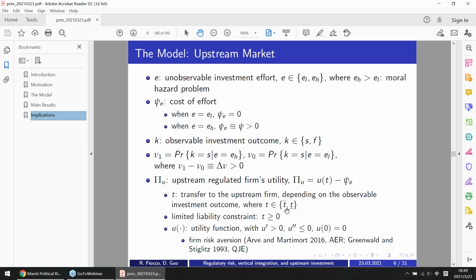In the standard moral hazard problem, the transfer or the price cannot be based on any unobservable variables. It's only based on the observable outcome. But of course, if the firm provides a high effort, then the probability that the outcome is successful is higher than if the firm provides low effort.